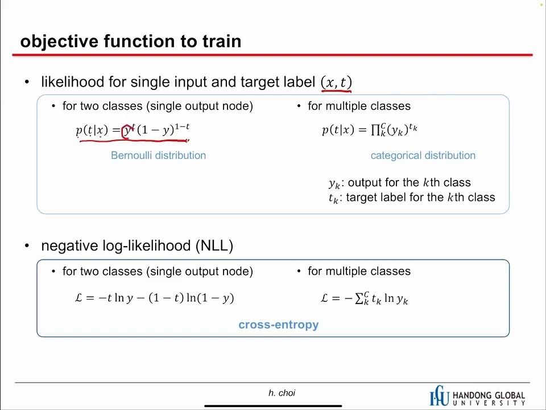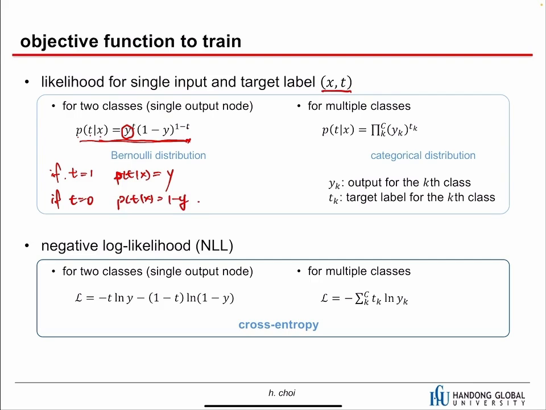And the y is the output of the neural network. Look at these equations. When t is 1, this is binary classification. Then when t is 1, this probability is just y. Okay. If t is 0, then probability is 1 minus y.